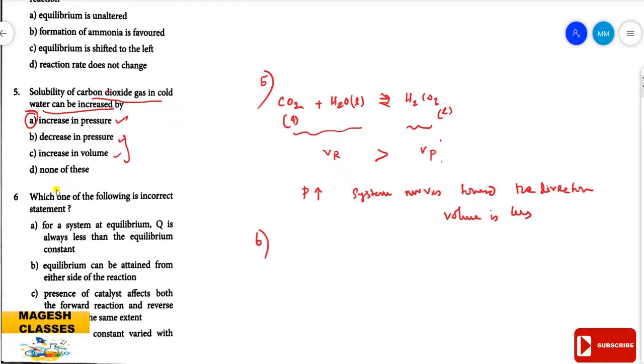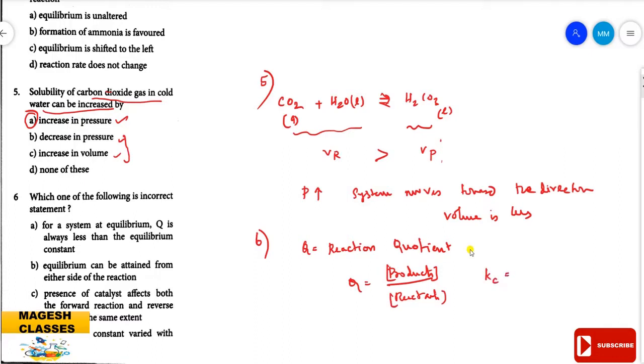Question number 6. Which one of the following statements is correct? Incorrect statement: for a system at equilibrium, Q is always less than the equilibrium constant. First of all, Q is the reaction quotient. It is defined as the concentration of the product divided by the concentration of the reactants in the equilibrium reaction.